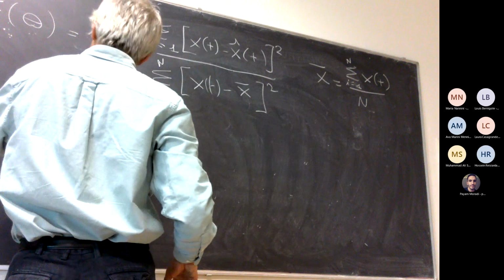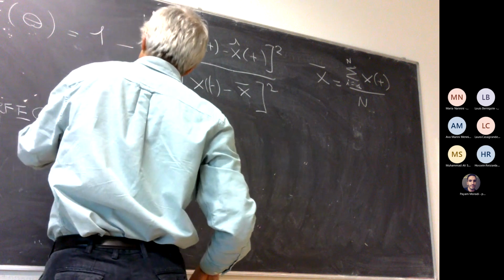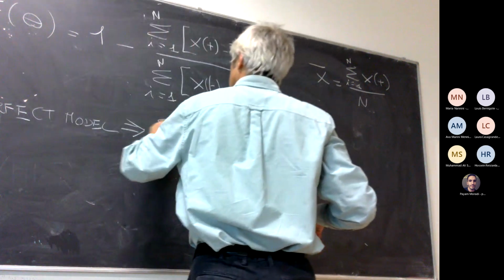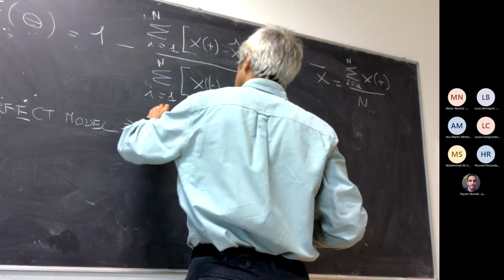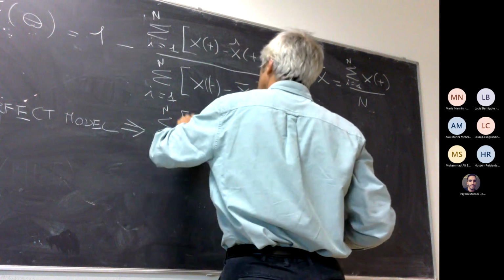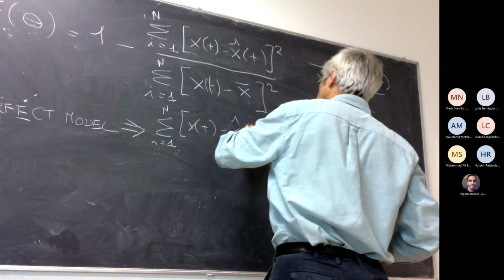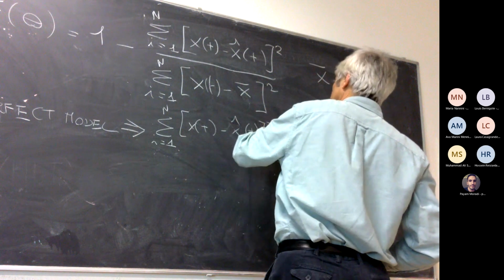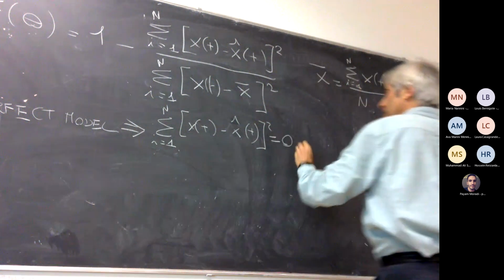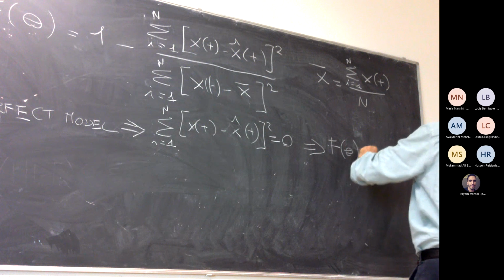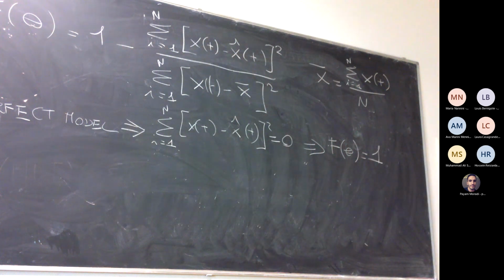Perfect model, I get the sum between 1 and n of x_t minus x hat_t squared is 0, and therefore I get f theta equal 1. So perfect model, I get a value of 1. Good.